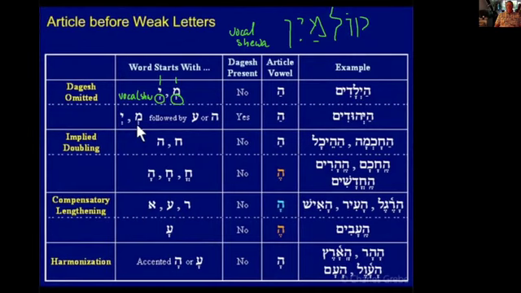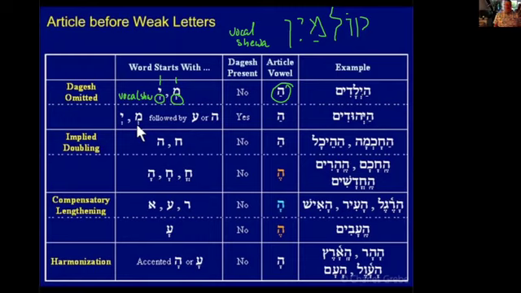So if these letters are followed by a vocal schwa, like here, in yeladim, it's a vocal schwa, it's not a silent schwa because it's at the beginning of the word, therefore at the beginning of a syllable, therefore it is vocal. The schwa at the beginning of a word and at the beginning of a syllable is vocal. So when you have a vocal schwa with the letter yud or with the letter mem, then you put the article before it, and then the doubling disappears.